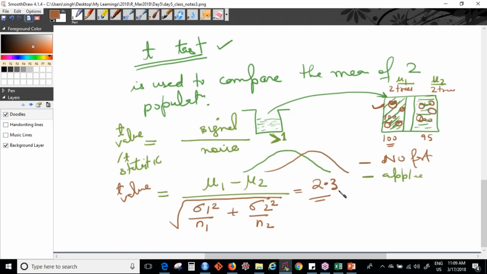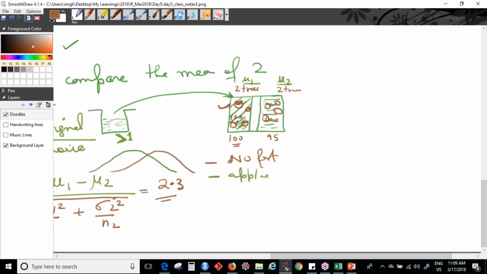Now once you get this number, how will you decide? You will again go back to a hypothesis test. Your null hypothesis is that mu1 is equal to mu2. That means both the lands do the same, so the fertilizer did not help.